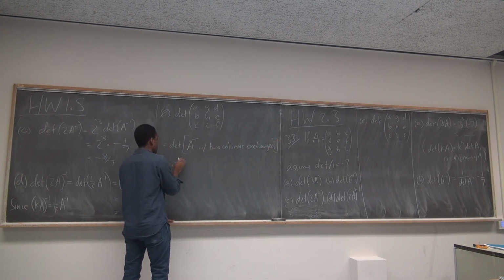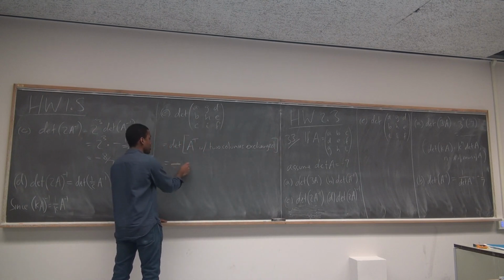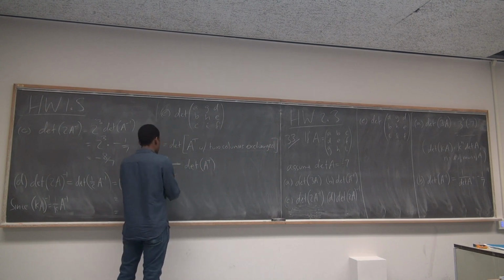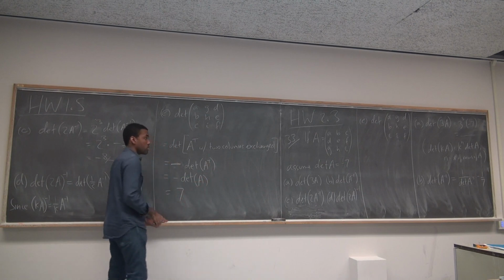Once you exchange 2 rows or 2 columns, that means you negate the determinant. So that's just a negation of the determinant of A transpose. But the determinant of A transpose is what? It's the same as the determinant of A. So this would be positive 7.